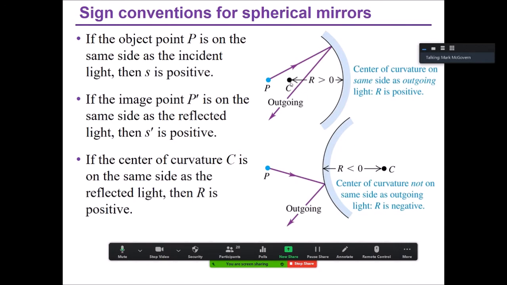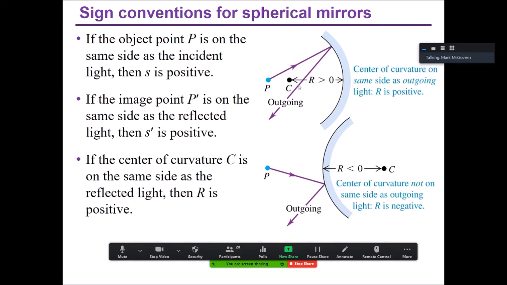We speak of the radius of curvature as being positive if you have a concave surface, and negative if you have a convex surface. So if your radius of curvature is on the other side from your object, that's a negative value.